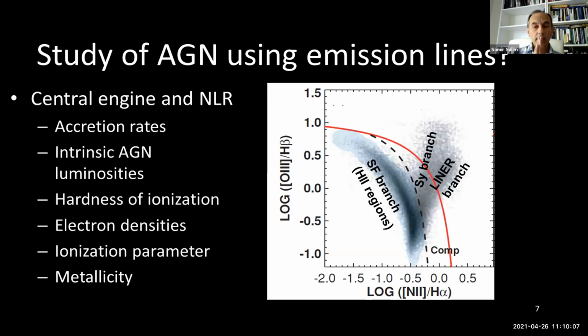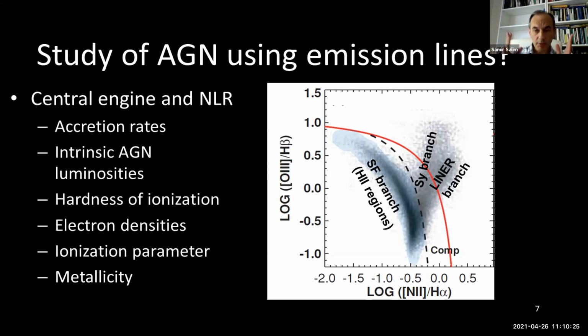Now, the idea is that hopefully we can use these line ratios of galaxies on the Seyfert-LINER branch to learn something intrinsically about the AGN.